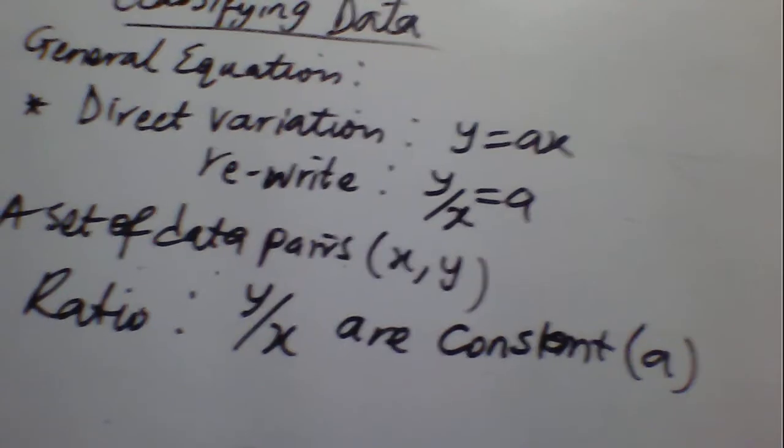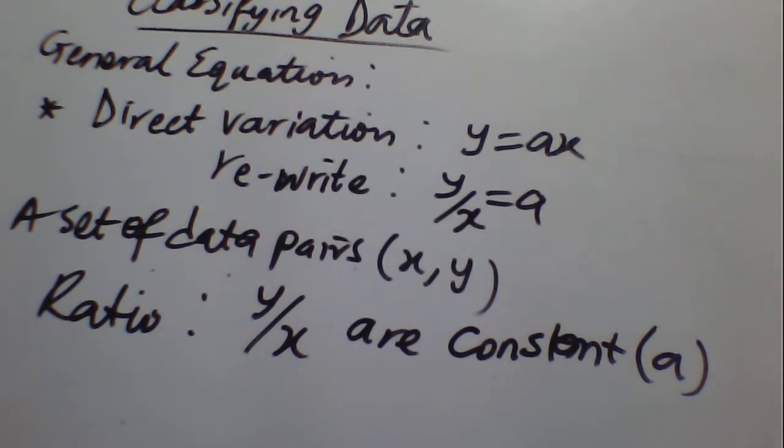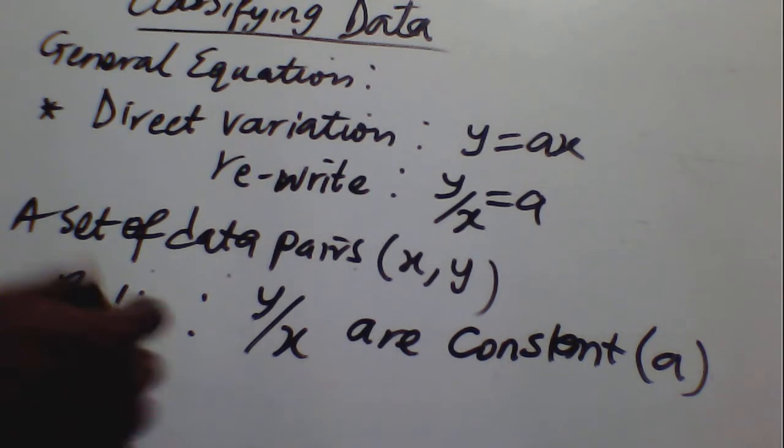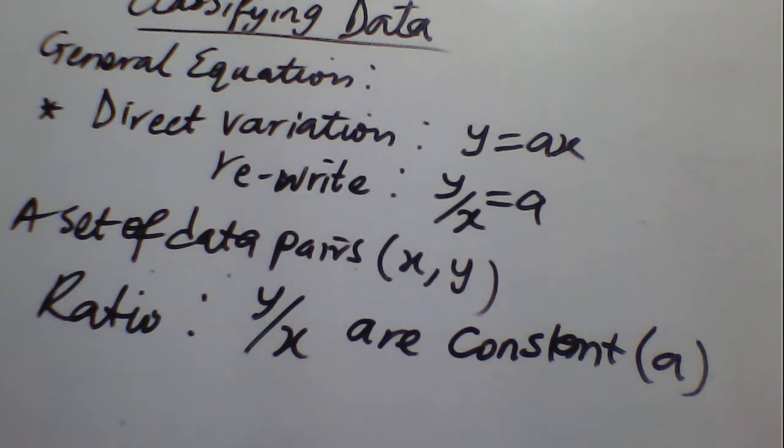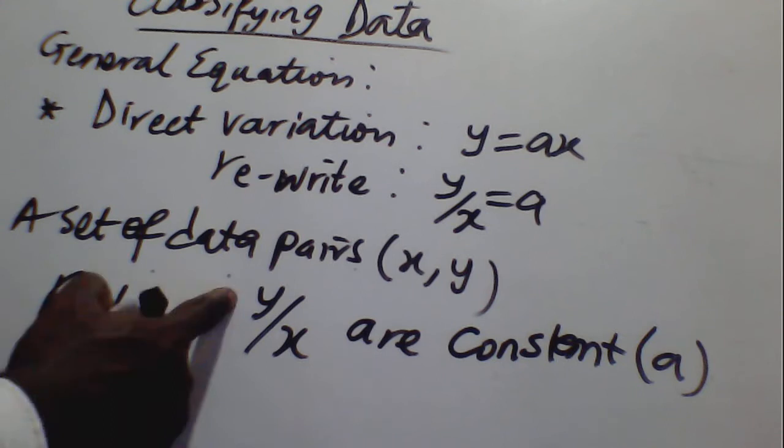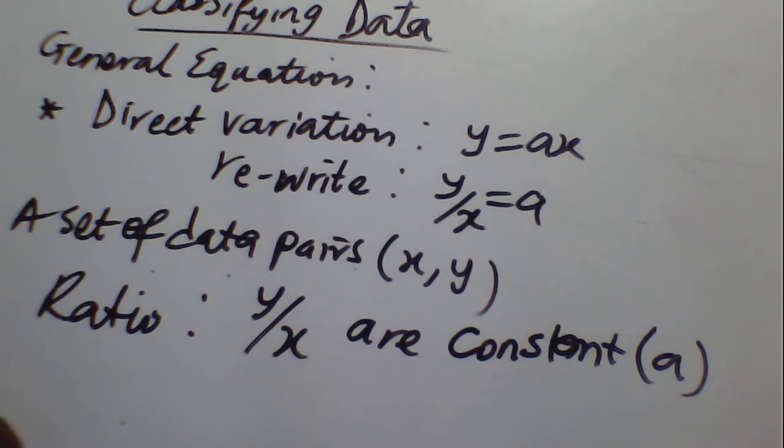That is equals to a, or there is no change in the set of data. For example, a set of data pairs xy show a direct ratio that is constant, that is y over x. We say that that data is in direct variation.